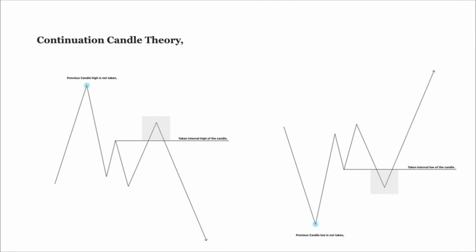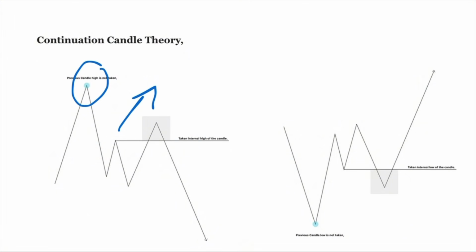Next, continuation candle theory. If you look at the visuals in the left line chart, you can see the previous candle high is not manipulated, but it's still traded in the opposite direction. It is this particular internal high that has been manipulated.